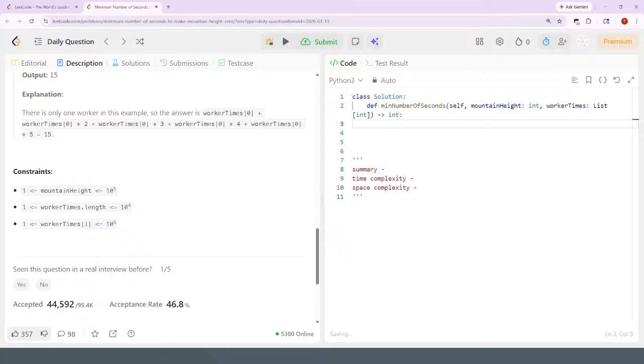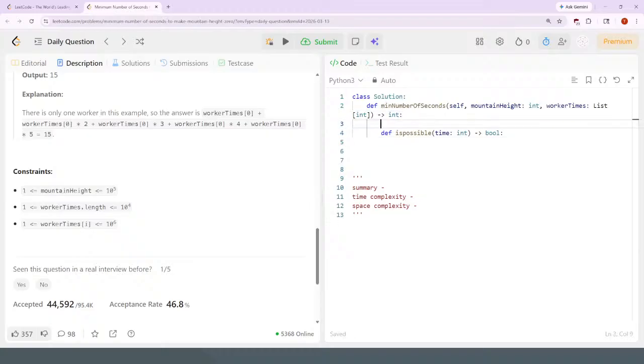So for binary search, I need an O of n method that verifies whether or not it's possible to be done at a certain time. So I generally call it isPossible, to be done in a certain time. So this is going to return a Boolean.